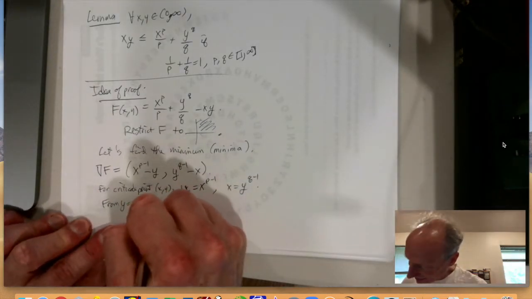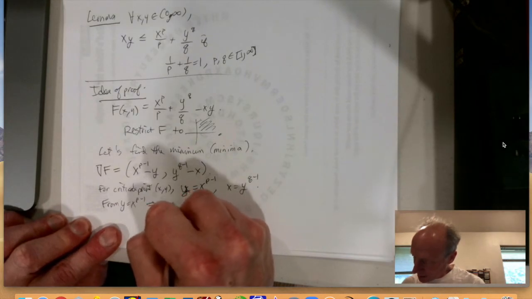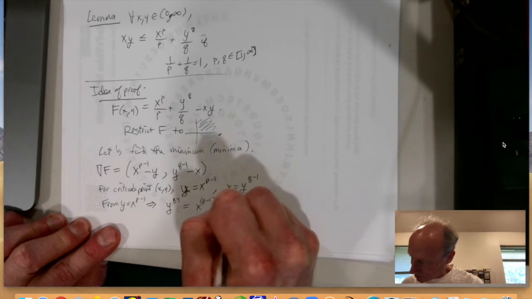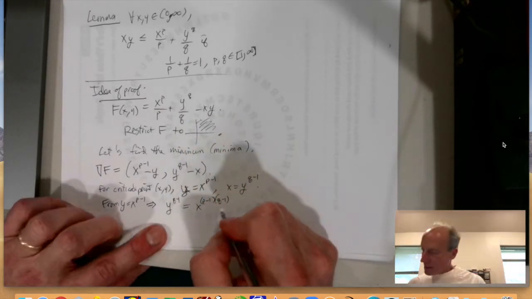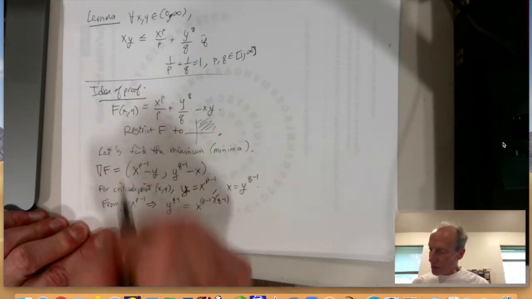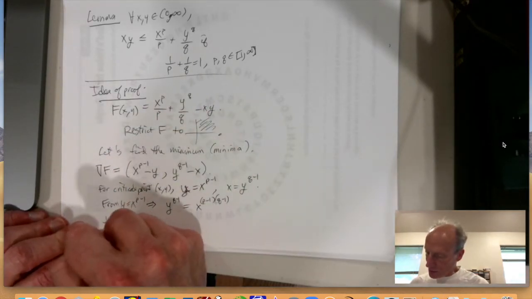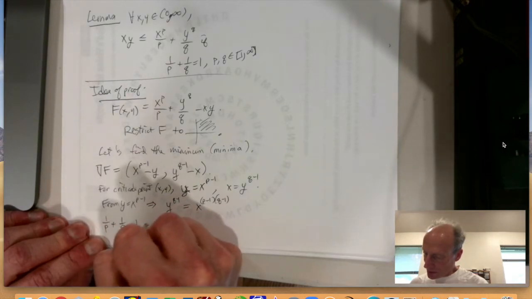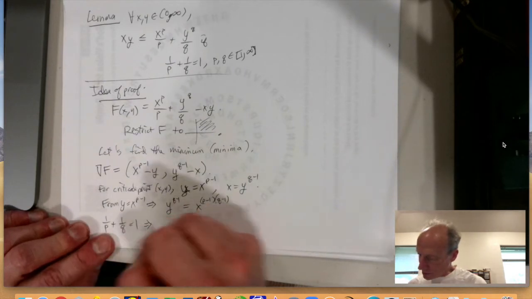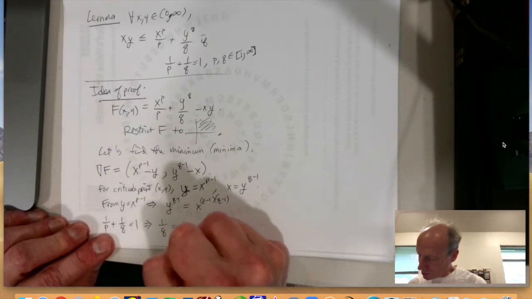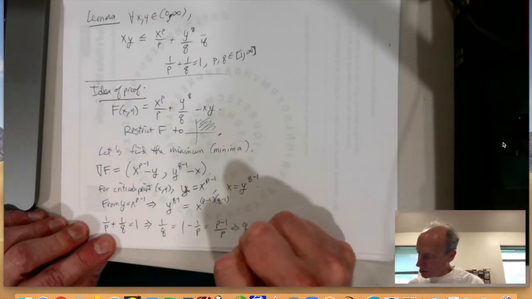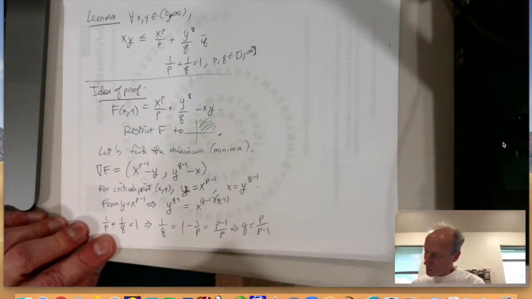You get that y to the q minus 1 is x to the p minus 1 times q minus 1. Let's solve for q in terms of p in the equation 1 over p plus 1 over q equals 1. Subtract the 1 over p, you get 1 over q equals 1 minus 1 over p, which is p minus 1 over p. And so that gives you that q is equal to p over p minus 1.